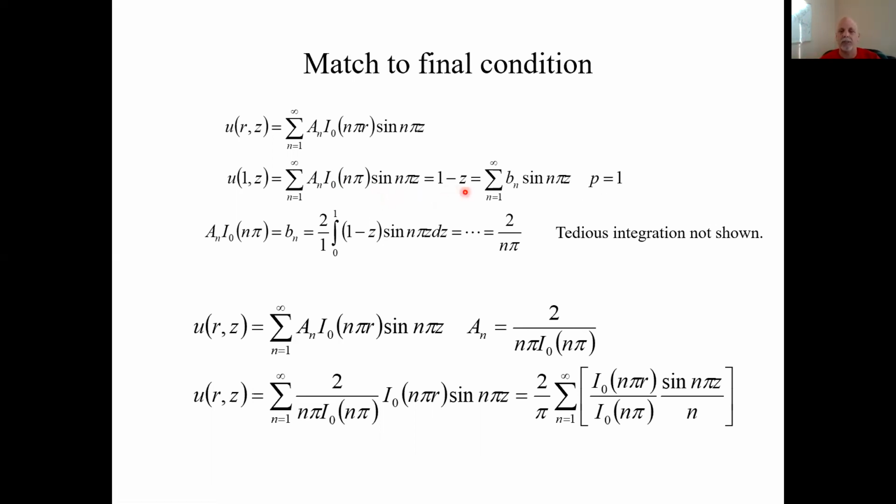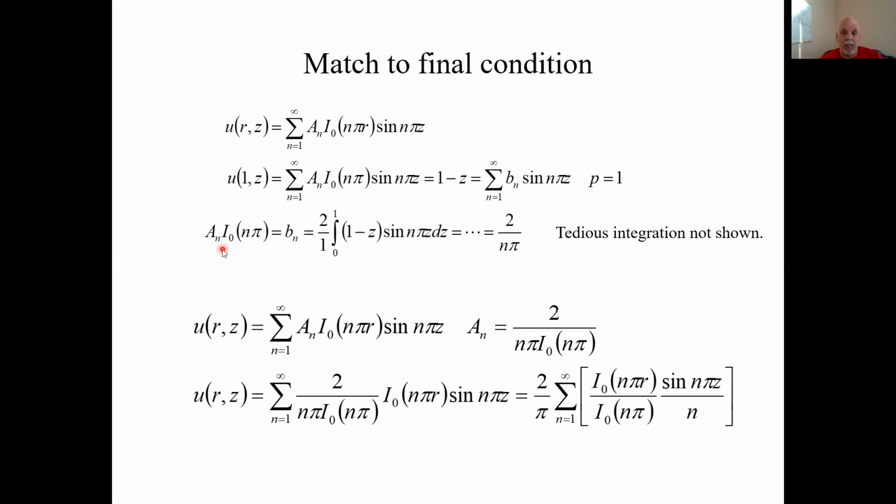So we'll expand this function in z using the Fourier sine series. You do have to take this integral. I'm not going to go through that. It's kind of tedious, but it has a very simple answer, 2 over n pi. So we match coefficients, and it says a sub n times I sub 0 equals 2 over n pi.